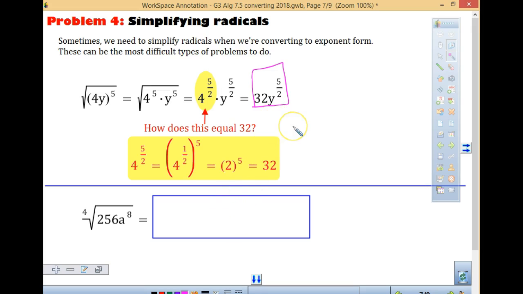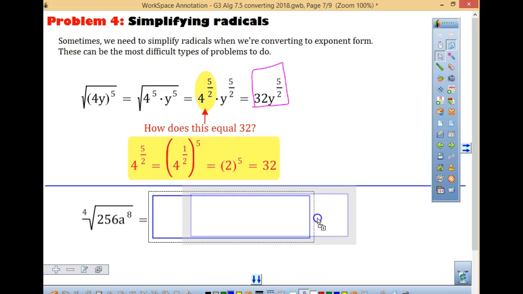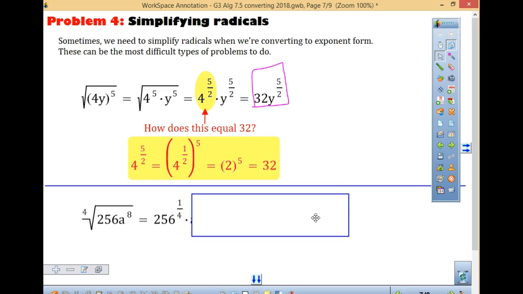So if we are starting off with the 256, we might think of writing our 256 to the what power? 1/4. Okay? You're going to use your calculator. So you're going to put in your calculator 256 to the 1/4.